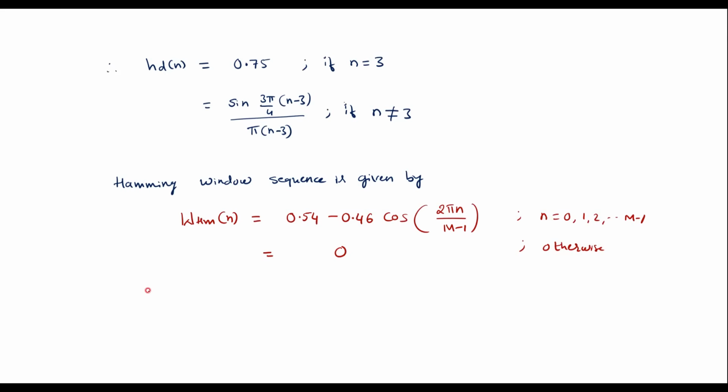So now the next step is we have to find h of n. Therefore h of n is equal to hd of n into whm of n.